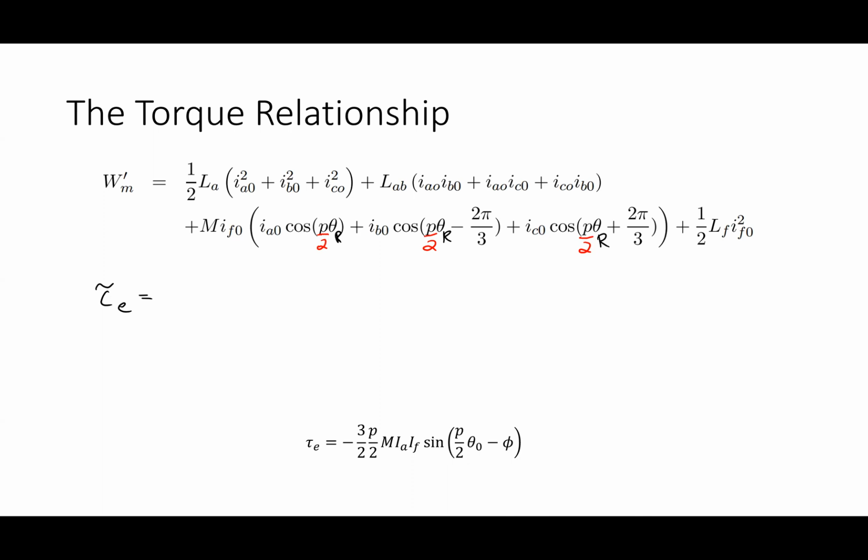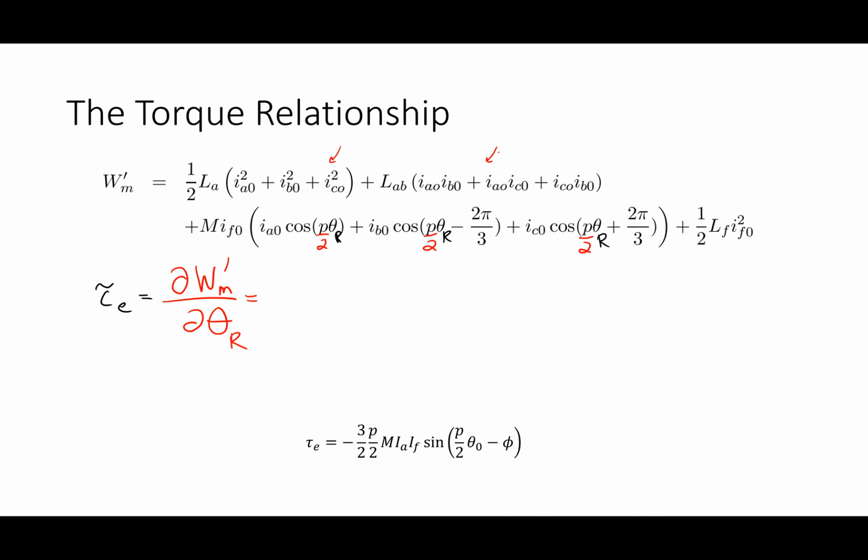But because this guy rotates, you take the derivative with respect to theta. Do any of these here depend on theta? No. The only thing that depends on theta is the stuff coming from the rotor.